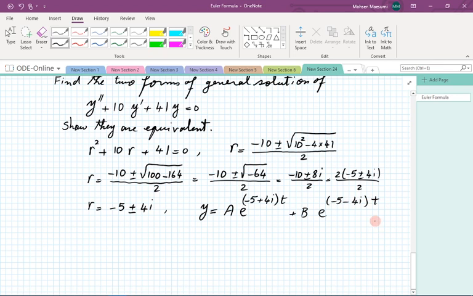Okay, this is a perfectly fine solution. The reason we are going through this whole lecture is to make sense of what it means to have a complex exponent. That's what the whole fight is about.